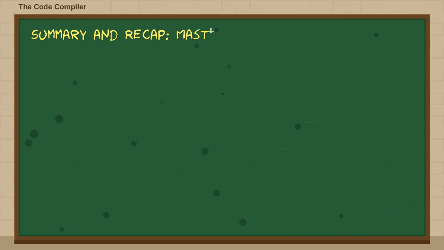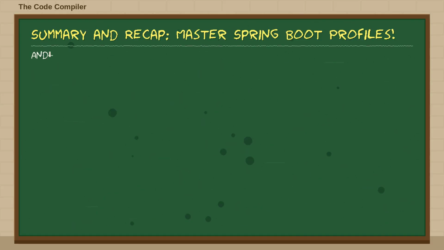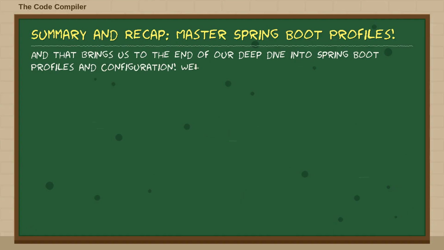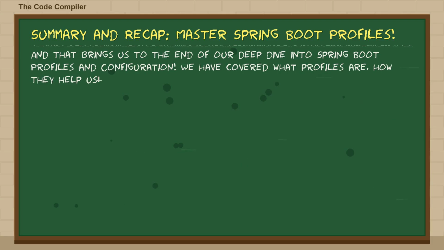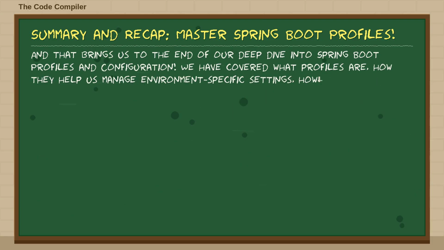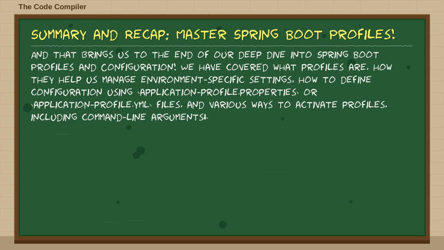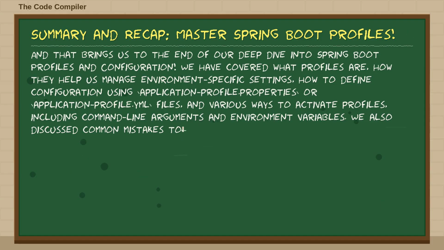And that brings us to the end of our deep dive into Spring Boot profiles and configuration. We have covered what profiles are, how they help us manage environment-specific settings, how to define configuration using application-profile.properties or application-profile.yml files, and various ways to activate profiles, including command-line arguments and environment variables.